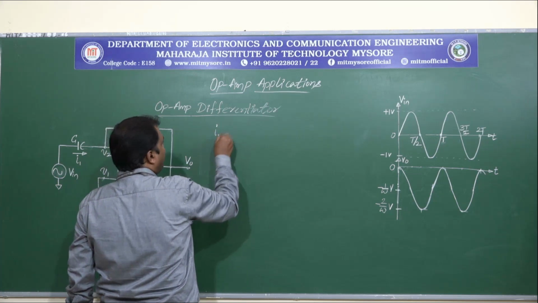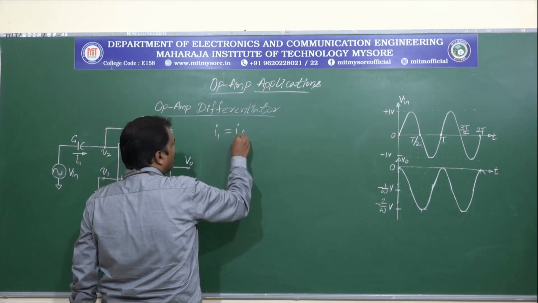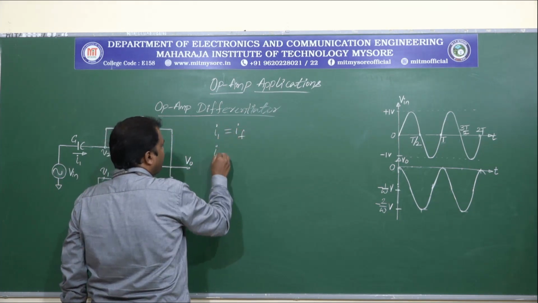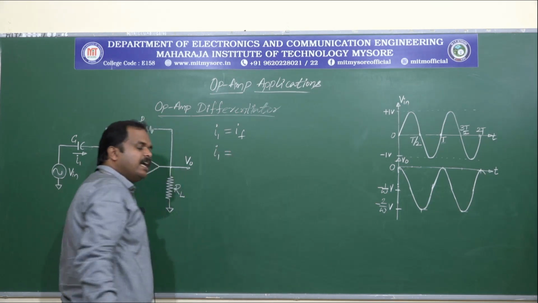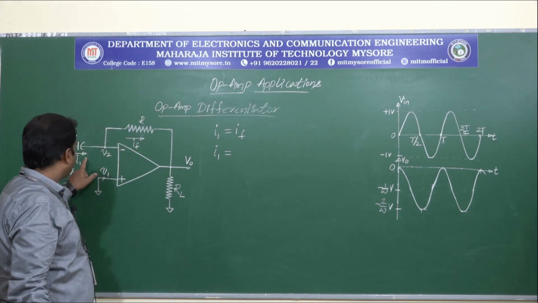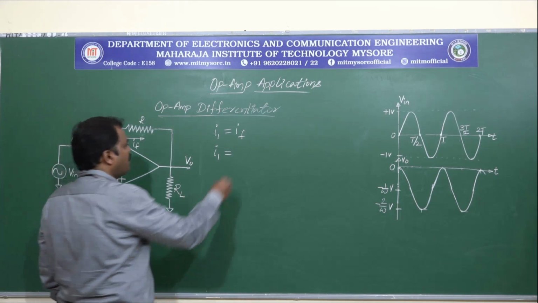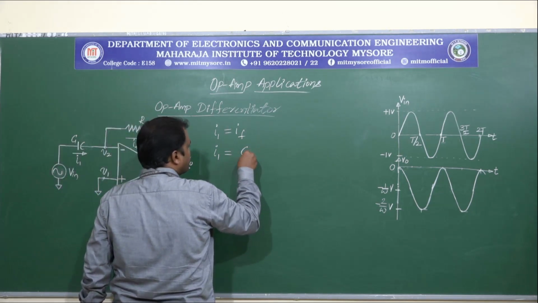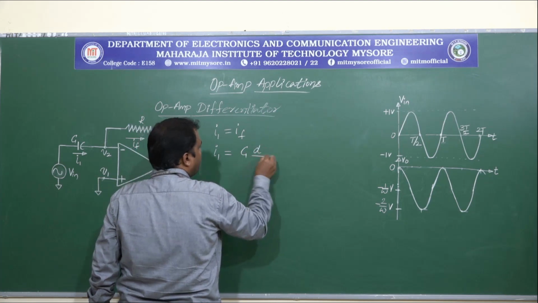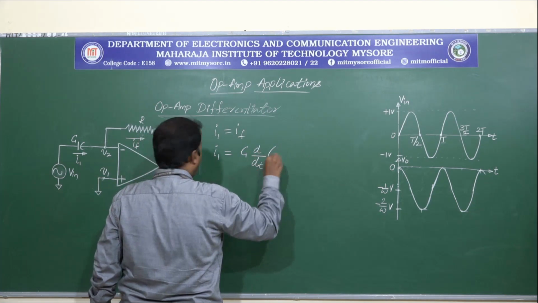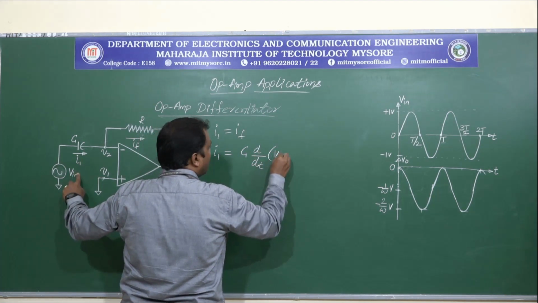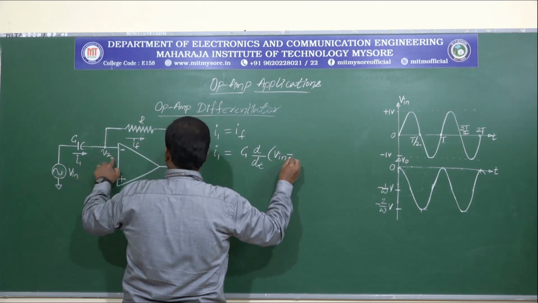So let us write I1 is equal to IF, and write the expression for I1 using Ohm's law. This I1 is charging this capacitor C, so this can be written as C into d by dt of (Vin minus V2).